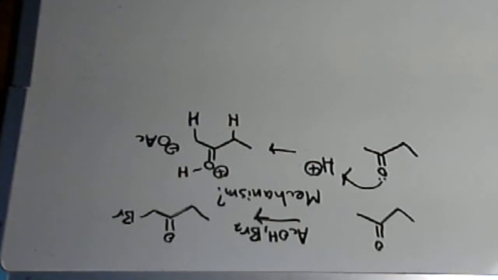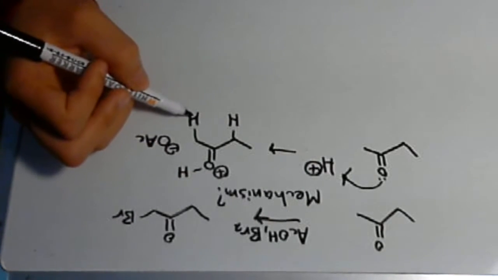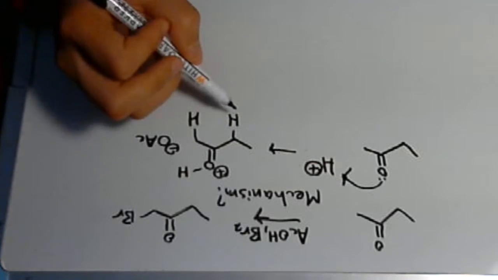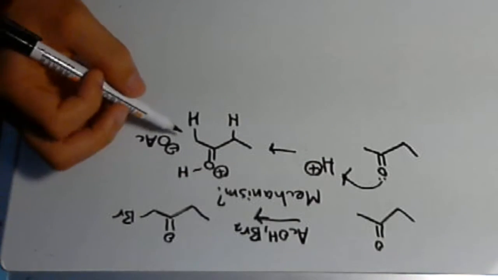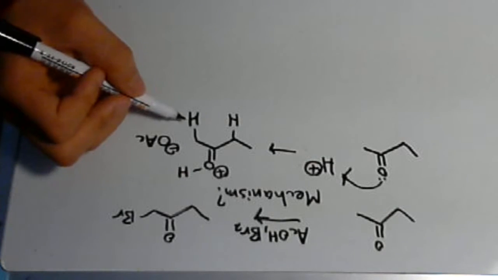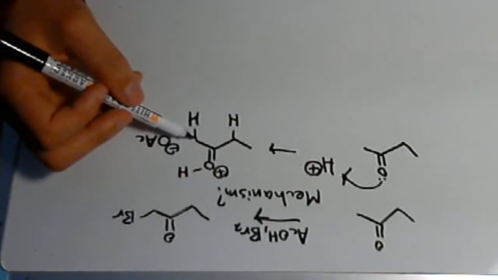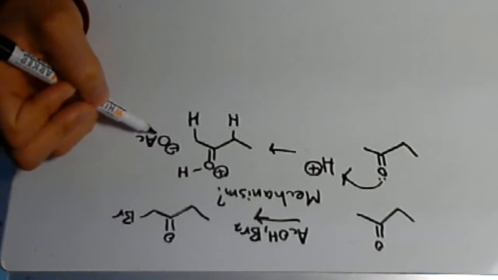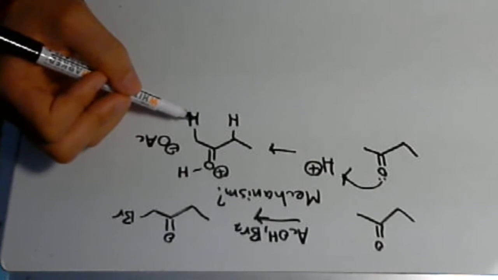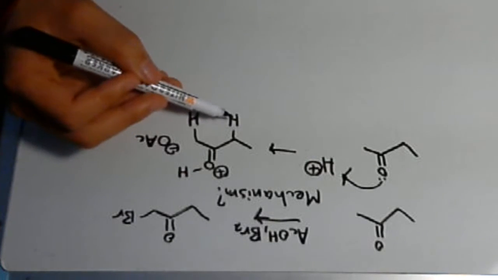Now we're left with a choice, right? Do we take this proton off, or do we take this proton off? Well, this proton is less sterically hindered. It's more on the outside. It's going to allow the OAc minus more room to get in than this proton.